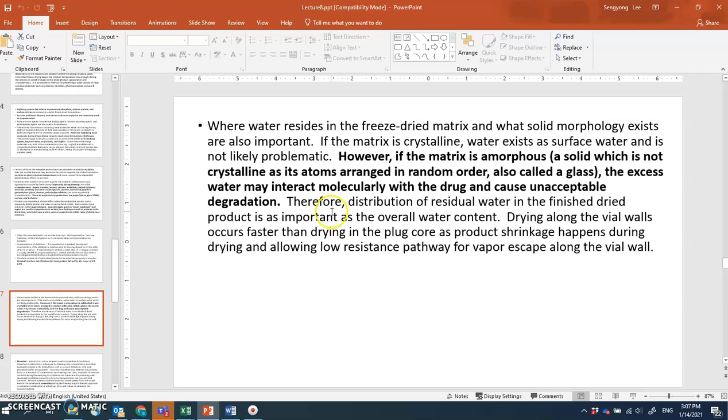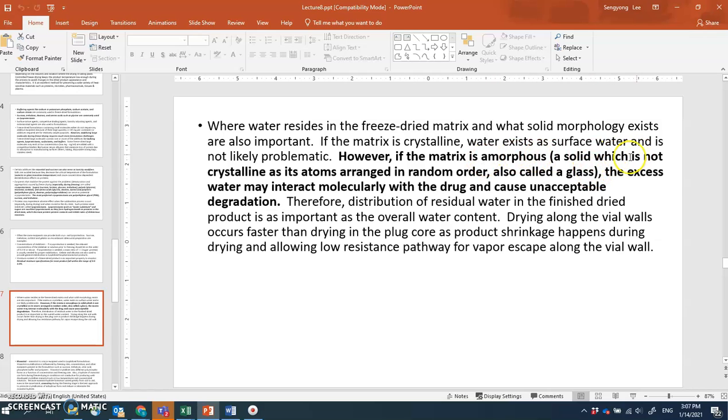Okay, if the matrix is crystalline, water exists as surface water and is not likely problematic. However, if the matrix is amorphous, so understand eutectic, crystalline, amorphous. Amorphous means, when your drug is freeze-dried, it loses structure, so it just collapses. So there's no visible structure after freeze-drying. That's what amorphous is.